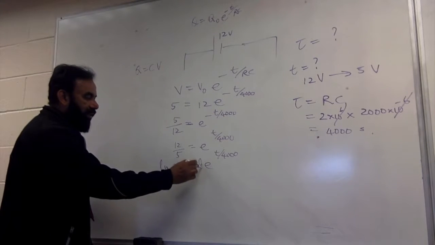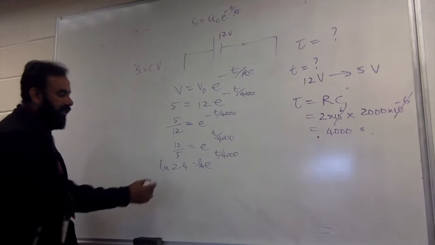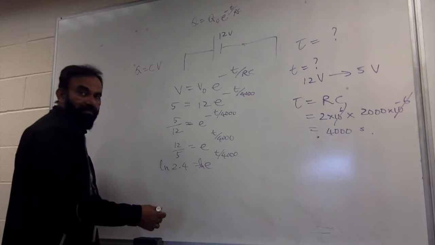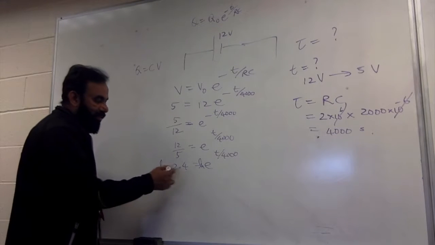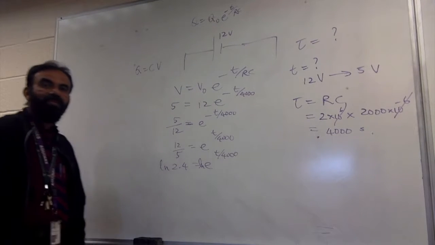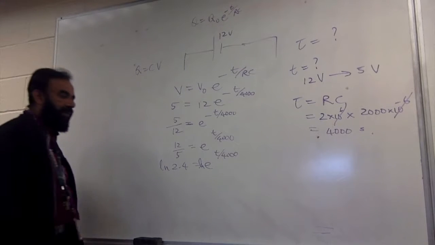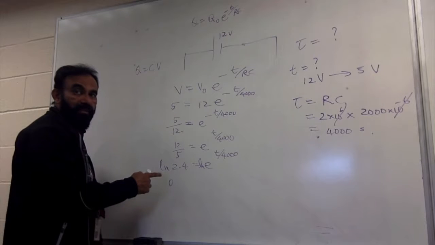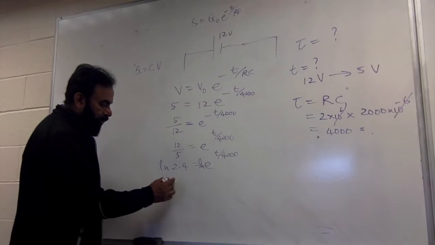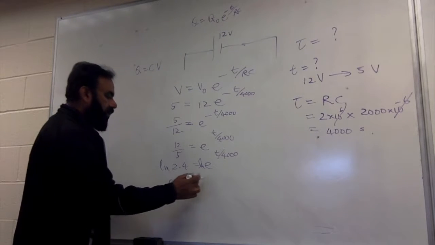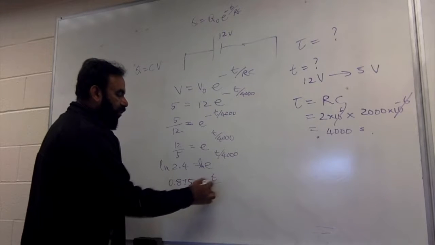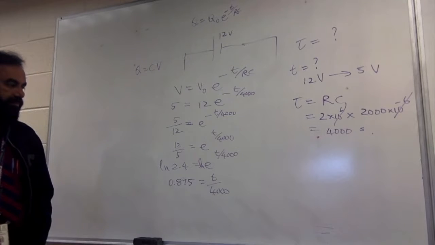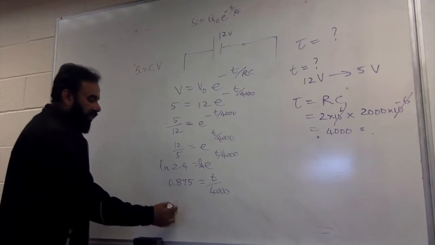So when you take the natural log on both sides, what is ln 2.4? It's 0.875, equal to t over 4000, and ln e is 1. And then you can figure out the time.